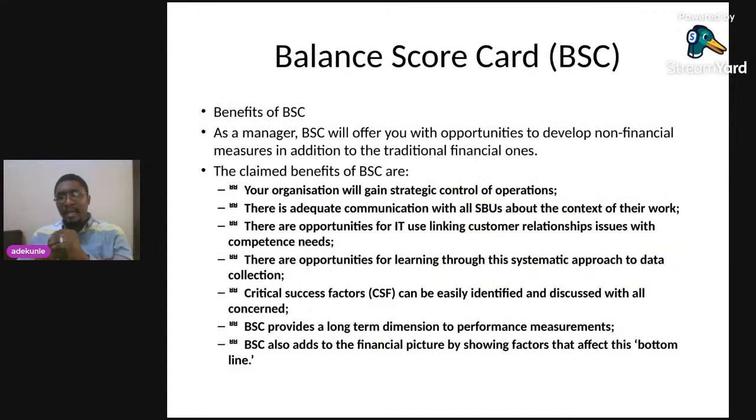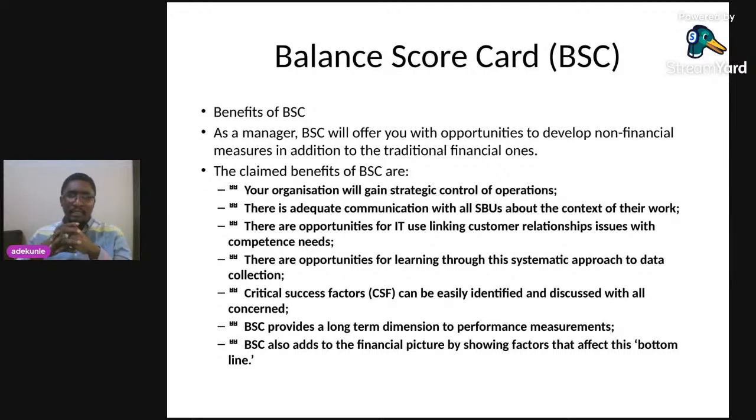Then, of course, in measurement, the balanced scorecard also has the following benefits, especially what we call non-financial measures to the organization. The benefits are: one, your organization will gain strategic control of your operations. There is adequate communication within all the strategic business units about the content of their work.